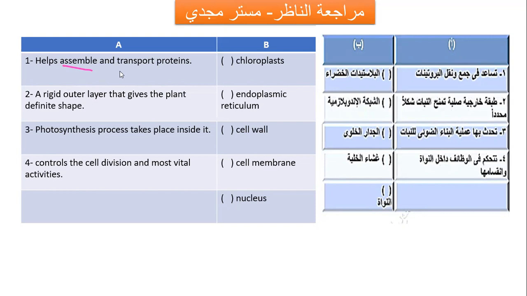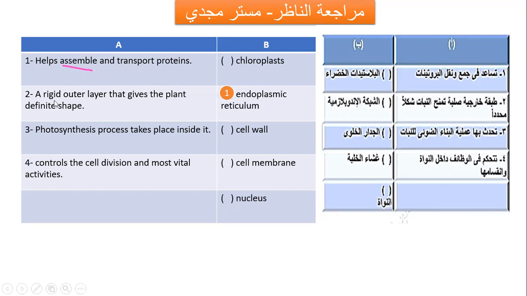Yes, and they resemble the construction workers inside the cell. Excellent, endoplasmic reticulum. Endoplasmic reticulum assembles and transports protein inside the cell. Remember this, please.